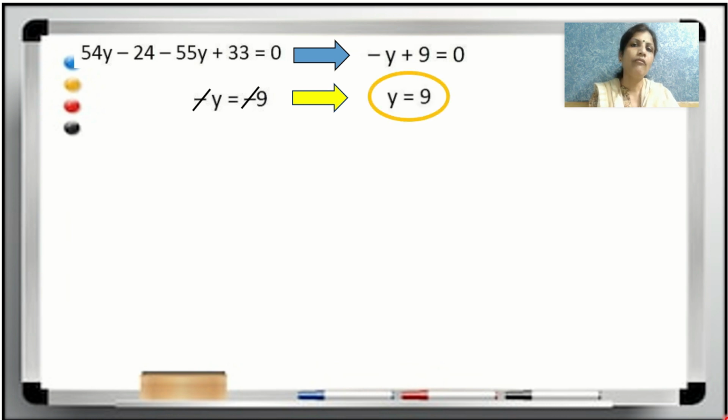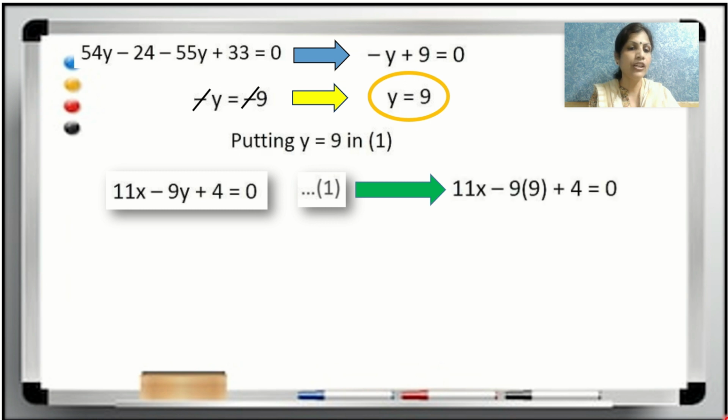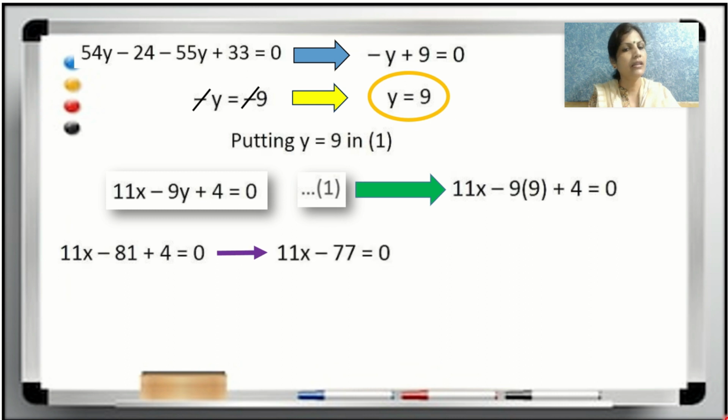Once you get the value of y, we can find the value of x. Putting this value in equation 1, our equation 1 is 11x - 9y + 4 = 0. When we put the value of y here, we get 11x - 9 × 9 + 4 = 0. Let's solve it. 11x - 81 + 4 = 0. So 11x - 77 = 0.